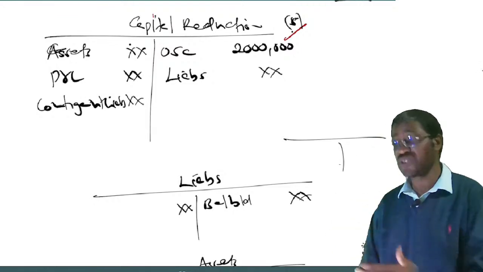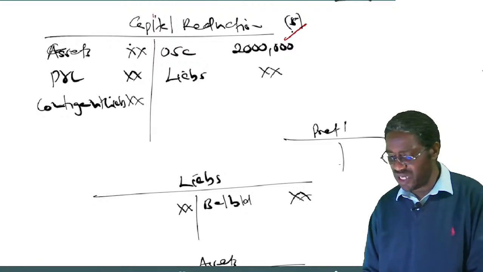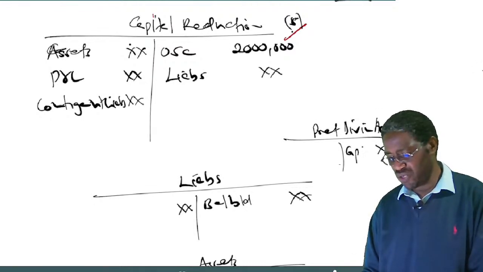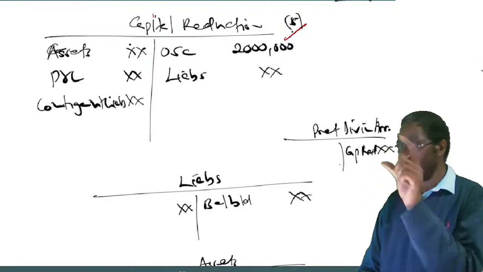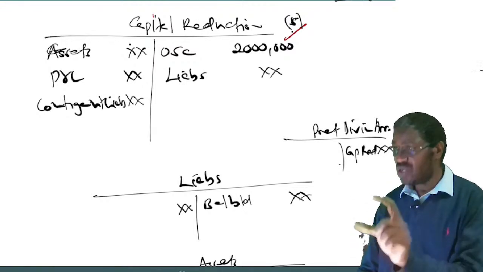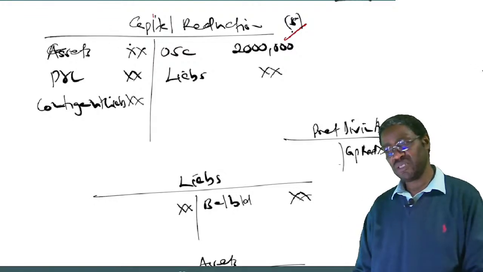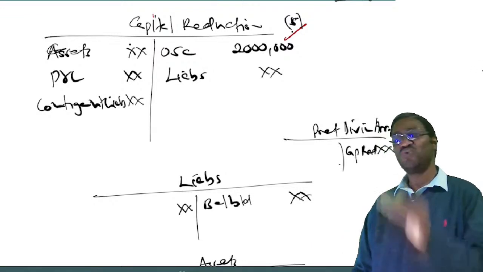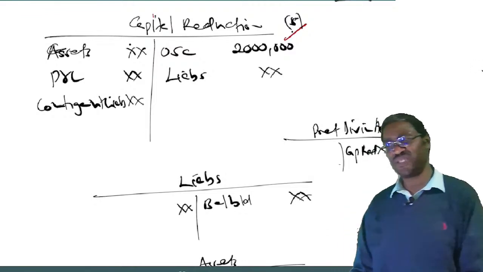So you will debit capital reduction and you credit preference dividends in arrears. That is our entry number 5, which says, with any contingent liability arising, e.g., preference dividends in arrears, you debit capital reduction and you credit that contingent liability.